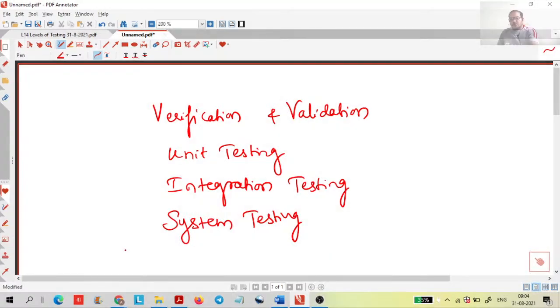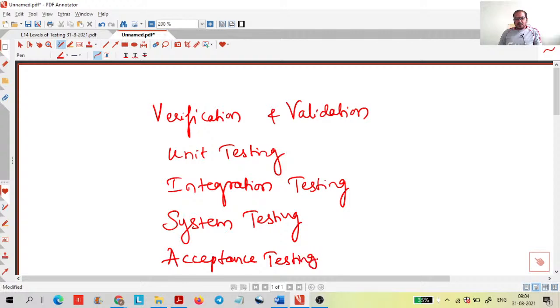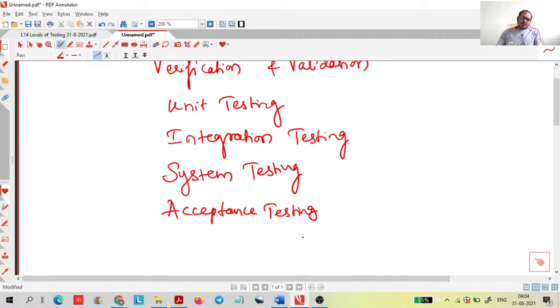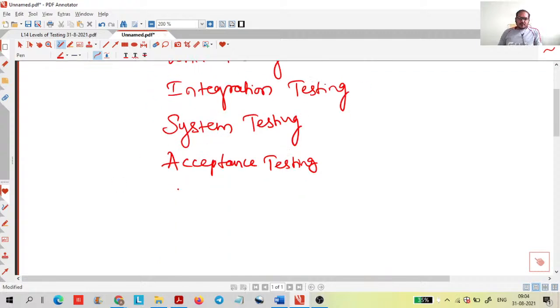After that, acceptance testing. In acceptance testing there are different types, like alpha testing and beta testing. Along with that there are big bang testing, sandwich testing, smoke testing, and also performance based testing.